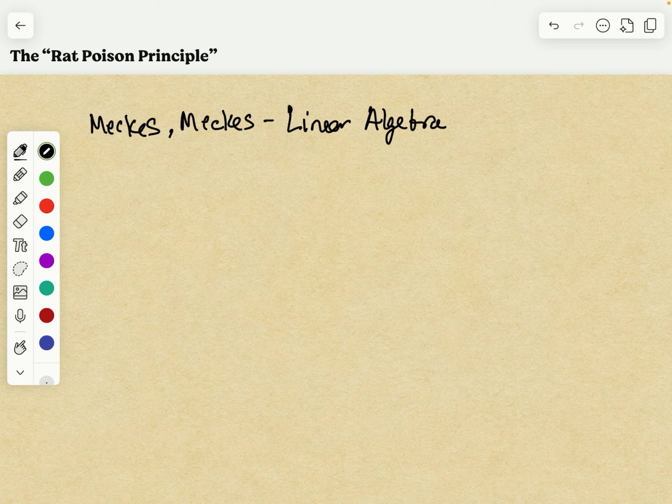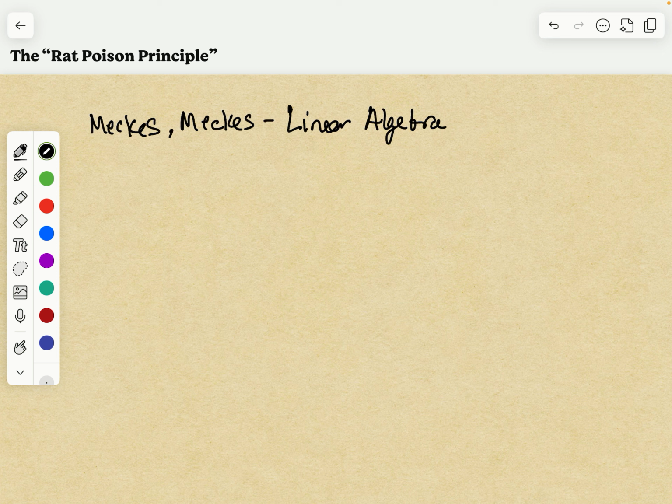So for instance, if rat poison is defined to be anything that kills a rat, then if you want to know if something is rat poison, you have to feed it to a rat and see what happens. In other words, what makes something rat poison is how it's defined. It's defined by what it does. If you feed it to a rat and it doesn't die, then it doesn't count as rat poison.